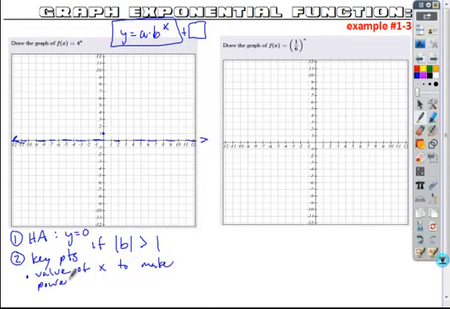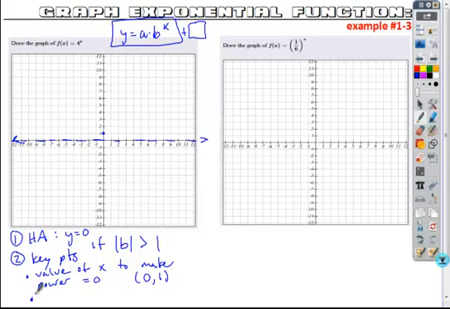Okay, so if you take the power or the value of x to make the power equal to 0, that's the first key point that you're going to identify. So in this particular case, what value does x have to be so that the total power is 0? It's just 0, right? There's nothing being added or subtracted or multiplied inside. So we plug in 0, and 4 to the 0 power has the value of 1. So that would be your first point.